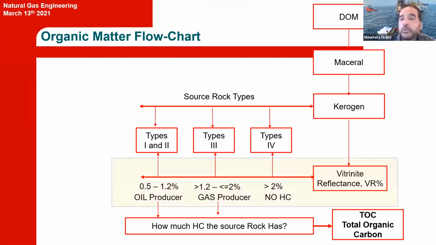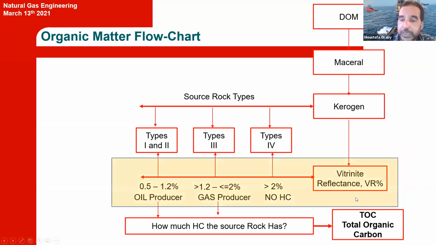Here is the part that we call vitrinite reflectance. If the reflectance is between 0.25 to 1.2% of the light, that's an oil producer. If it's 1.2 to 2%, that's a gas producer. If it's above 2%, no hydrocarbon whatsoever. It's getting harder, and it will not produce any hydrocarbon.